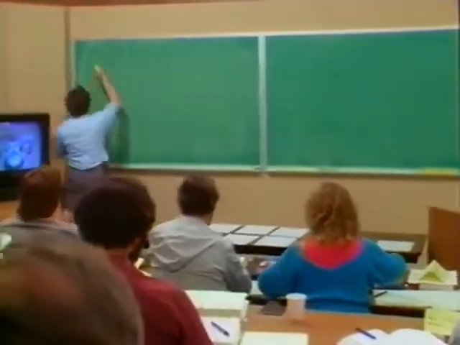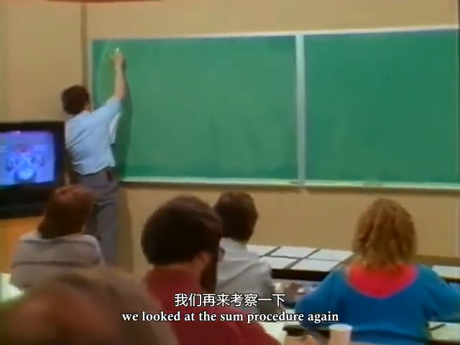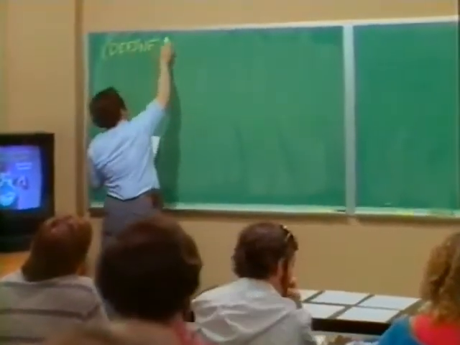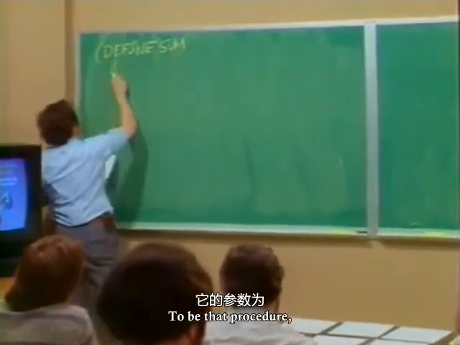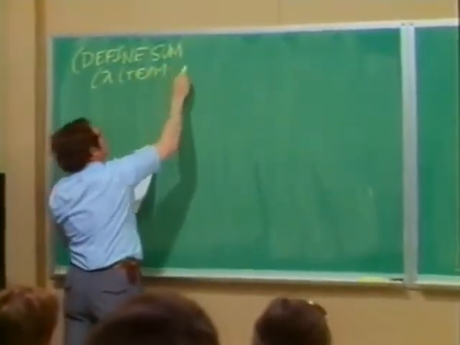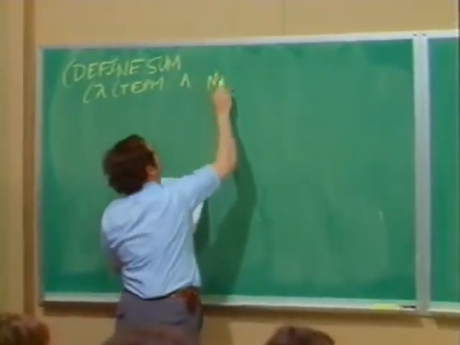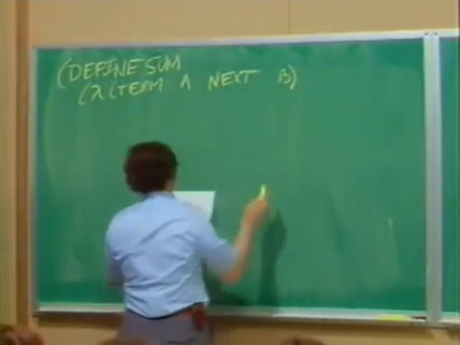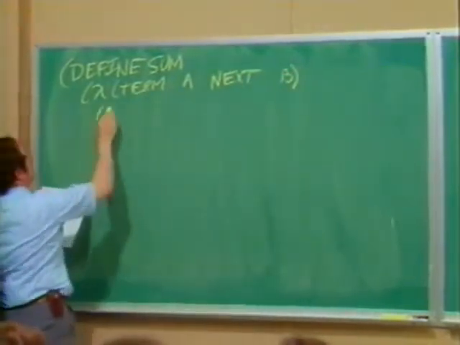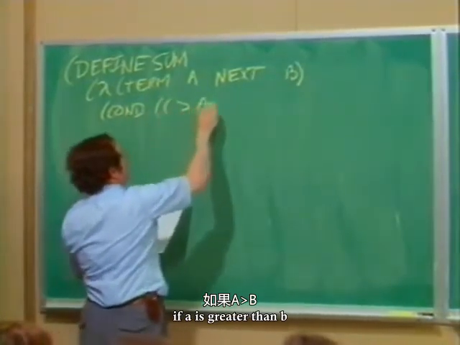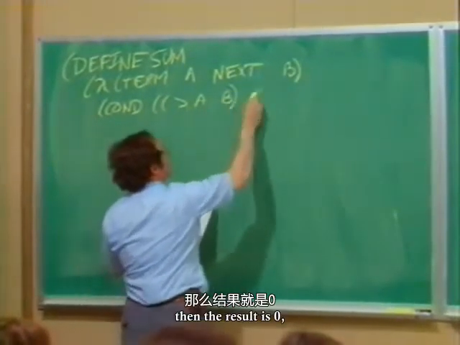Suppose, for example, we looked at the sum procedure again for summing up a bunch of things to be that procedure of a term, a lower bound, a method of computing the next index, and upper bound, such that if A is greater than B, then the result is 0.